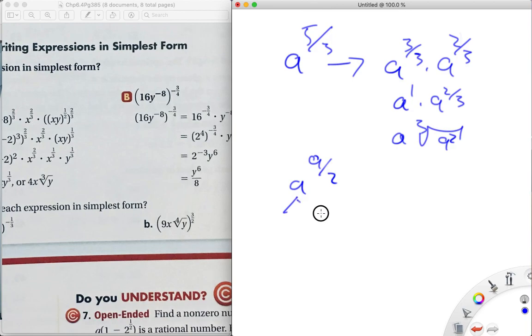So we could pull out a to the 4, a to the 8/2 times a to the 1/2, which is a to the 4th square root of a. Perfectly fine. And actually, this would be considered simplified as a to the 9/2. I would rather you write a to the 4th square root of a.